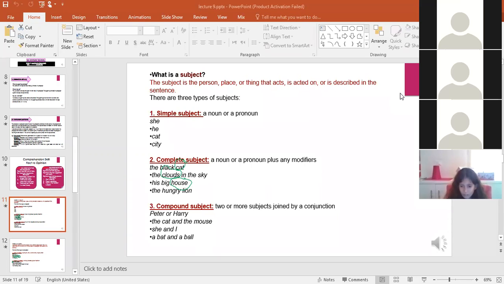I didn't get it. It means you have to write if it's a subject or a predicate first, and then you have to tell if it's a simple subject or a complete subject or a compound subject. And if it's a predicate, you have to tell me if it's a simple, complete, or compound predicate. Okay? Thank you.